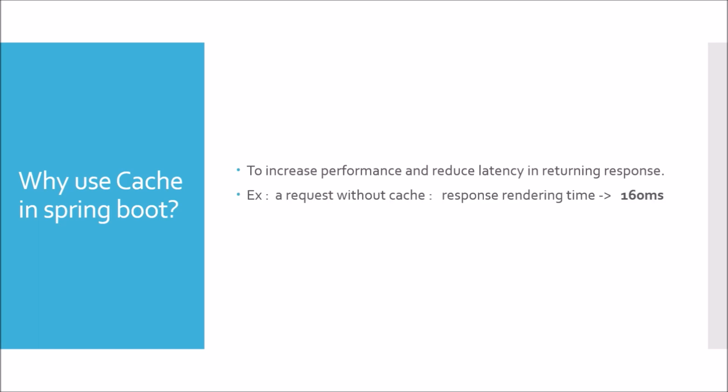For example, a request without cache will take about 160 milliseconds to give response. The same request with cache will give the response in 30 milliseconds. So if you see, the time difference without cache and with cache is too much.